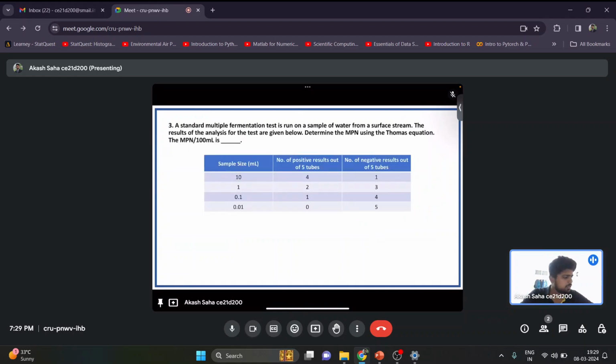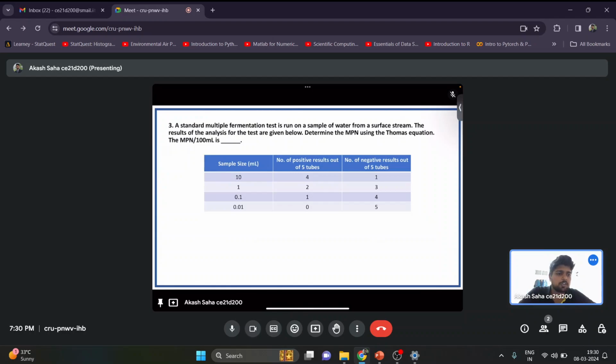The next problem is again related to the multiple fermentation test. It says that a standard multiple fermentation test is run on a sample of water from a surface stream. The results of the analysis from the tests are given below. Determine the MPN using the Thomas equation.